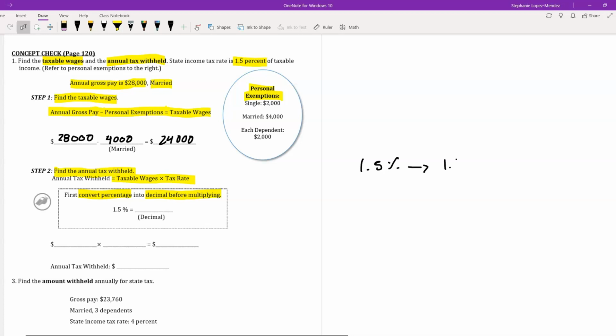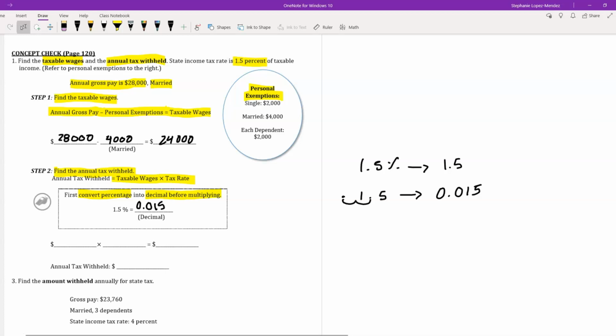So I now have 1.5. And then I need to move the decimal 2 times to the left. So 1, 2. Now I add 2 zeros before the 1. And so my decimal is 0.015.